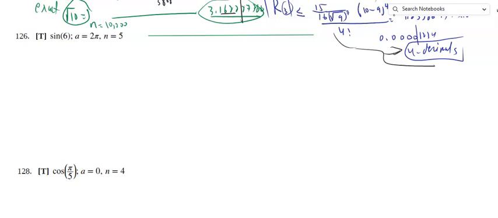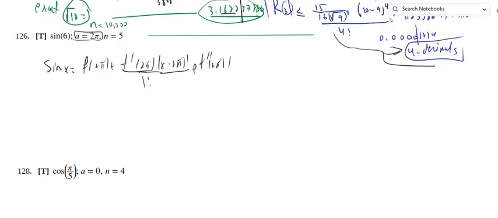It approximates. It says, look, if you take the sine of x centered at 2 pi, that's f of 2 pi plus f prime of 2 pi, x minus 2 pi to the 1 over 1 factorial plus f double prime of 2 pi, x minus 2 pi squared over 2 factorial plus f triple prime of 2 pi times x minus 2 pi cubed over 3 factorial.